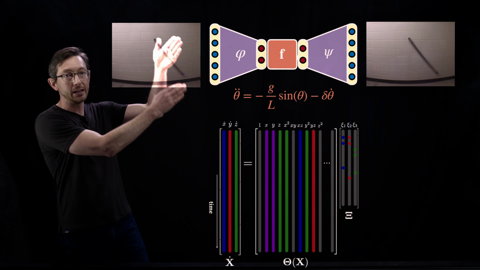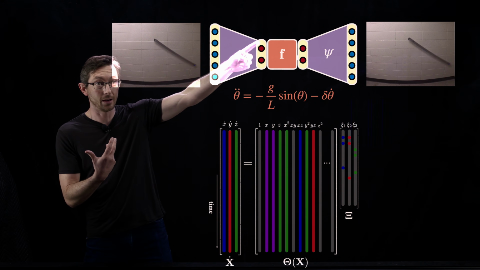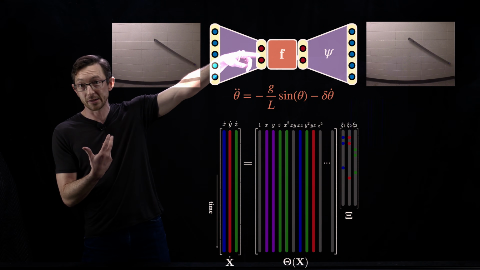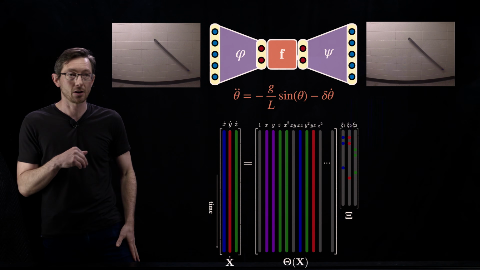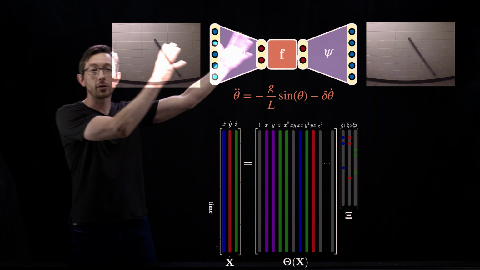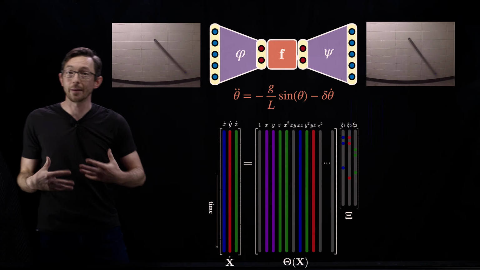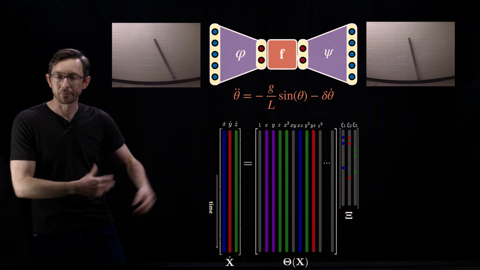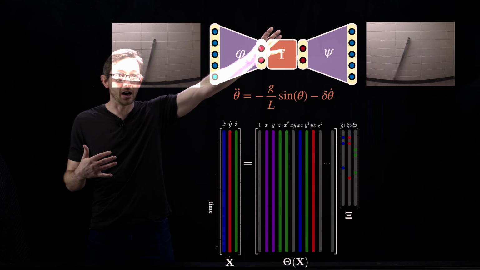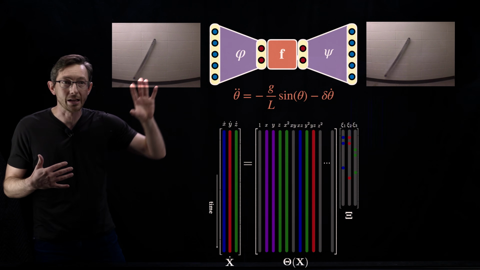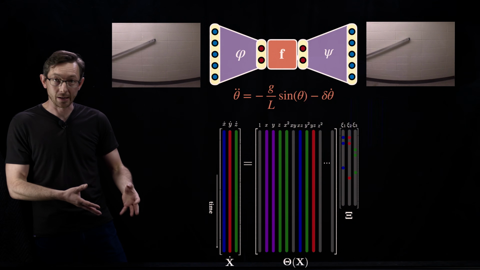So if I have a video of a pendulum, I might try to learn a low-dimensional coordinate system, represented by these red nodes in the latent space in this cartoon. So I might try to find the coordinate system, and I might try to find a differential equation for how the dynamics evolve in that coordinate system. And so again, I might use an autoencoder for the coordinates, and I might use SINDy, a sparse library regression, for the dynamics.